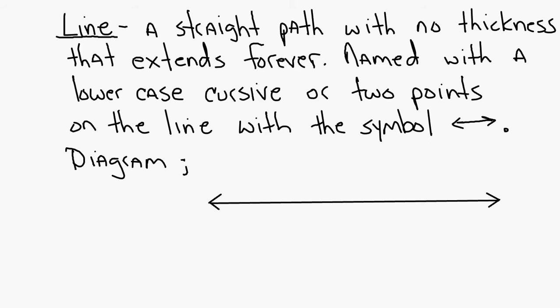Okay, here's a line, lowercase cursive letter outside the line. We would call that line L. A line's got to have at least two points on it.